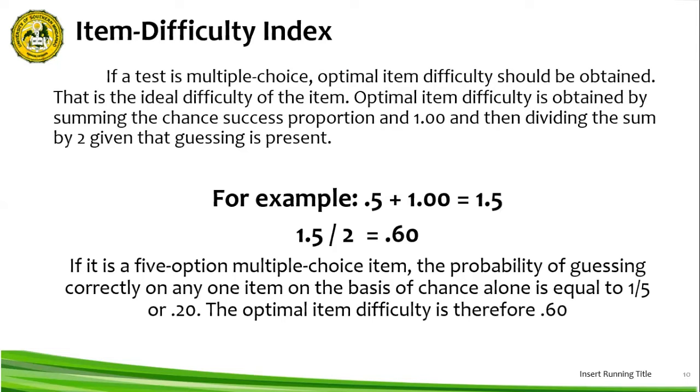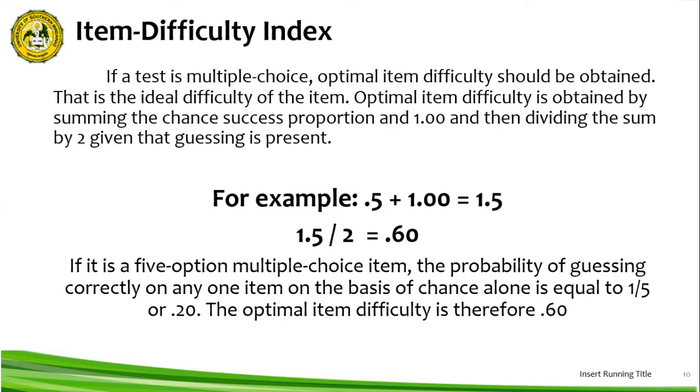So if it is a 5 option multiple choice, our example is 0.20 plus 1, which is the standard, equal to 1.20. Then we divide this by 2, which is 0.60.